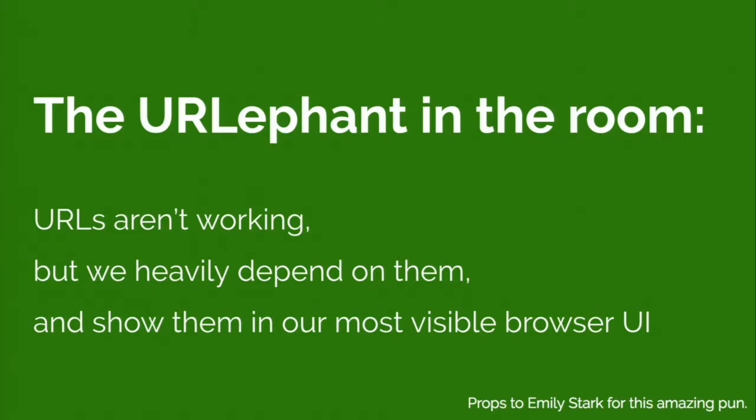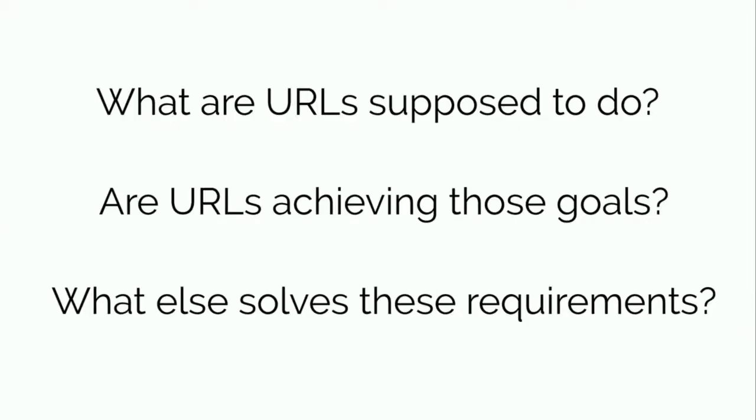So in Chrome, we've started to call this problem the URL elephant in the room. URLs aren't working well, but we heavily depend on them, and we're showing them in our most visible browser UI. So in the Chrome team, we've started to discuss what URLs are used for, what of these uses they actually succeed at, and then try to brainstorm alternatives that might better solve each of these requirements.